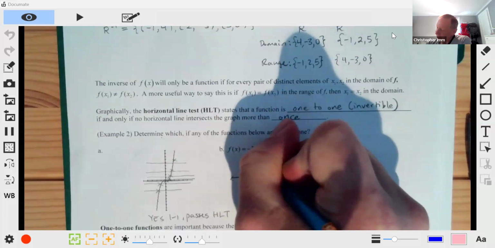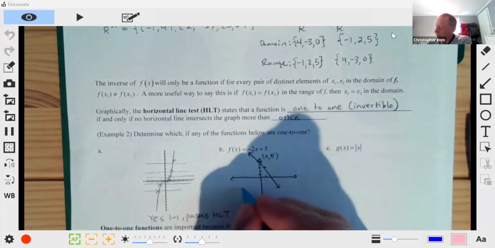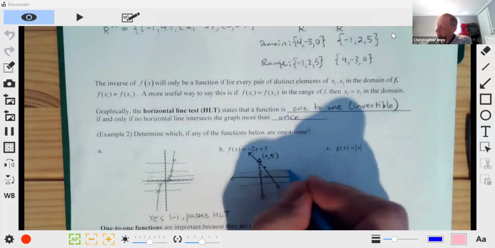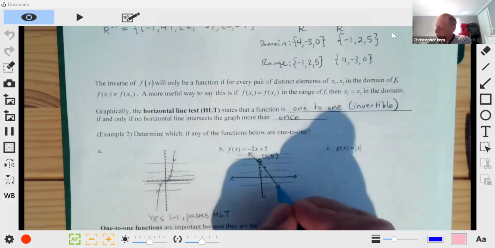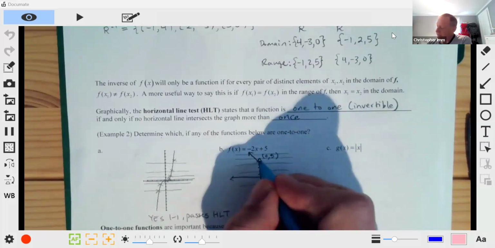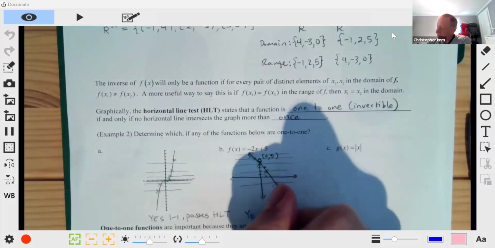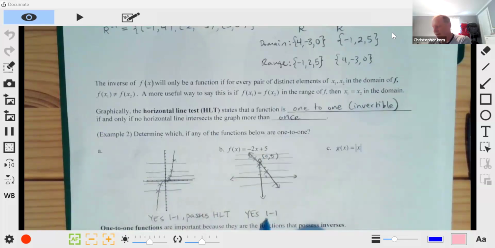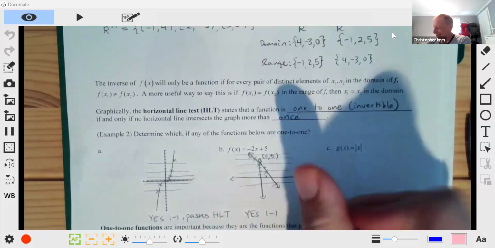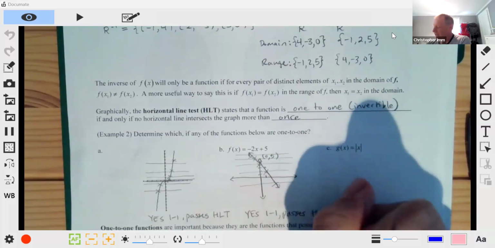If I can graph the function, I can tell if it's going to be 1-to-1 or not. Any line you draw is going to be strictly increasing or decreasing as long as it has some slope, so all these lines are going to pass the horizontal line test. So yes, it's going to be 1-to-1, and this is just a shorthand way of saying 1-to-1 because it passes the horizontal line test.